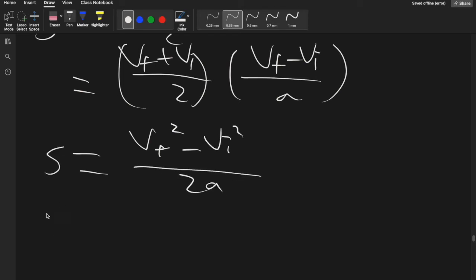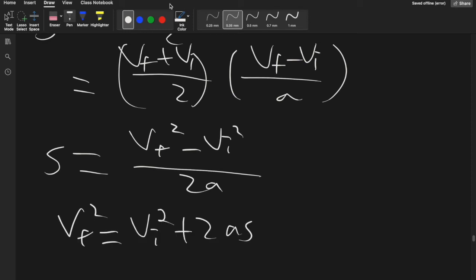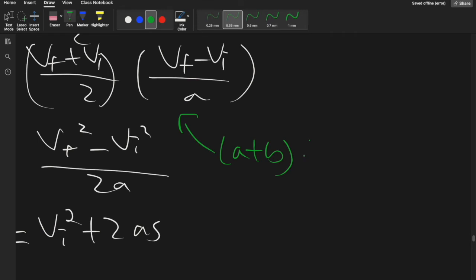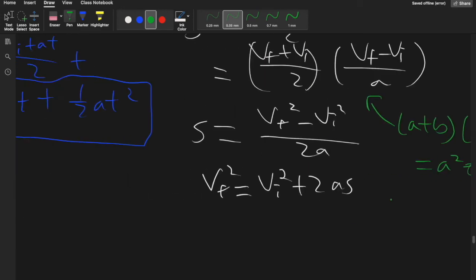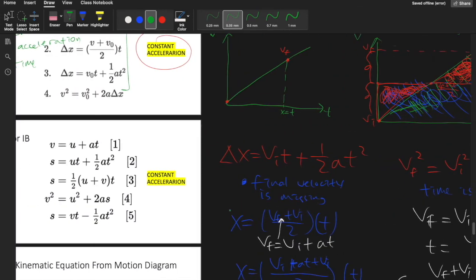And then the equation becomes Vf squared is equal to Vi squared plus 2As. So you probably have learned in your math class that a plus b times a minus b is equal to a squared minus b squared, right? So now let's do that.